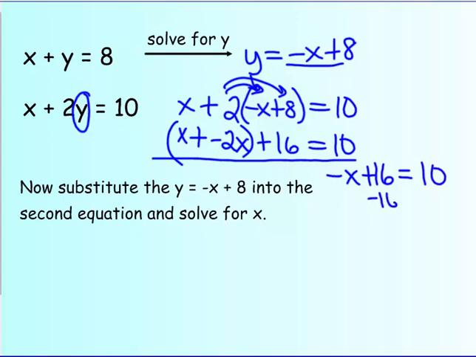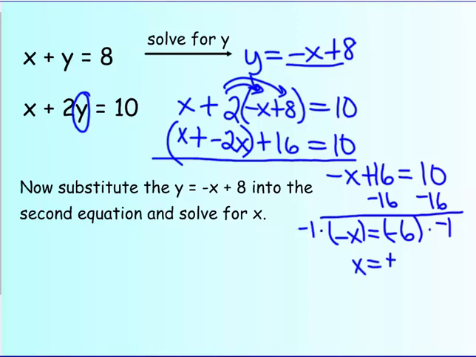I'm going to subtract 16 from both sides. Then I have negative x, don't lose that negative, equals negative 6. Well, you can't solve for negative x, so I'm going to multiply by negative 1 on both sides, and I get x equals positive 6.